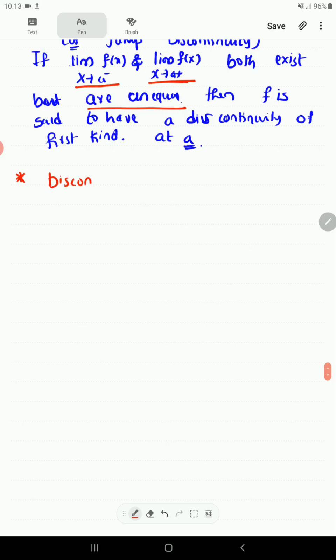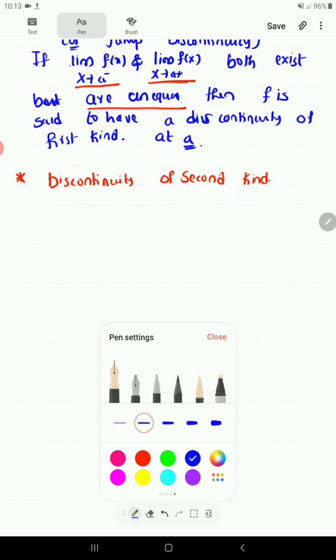discontinuity of the second kind. So what happens in this?